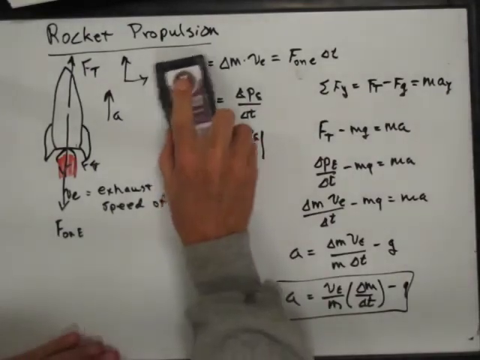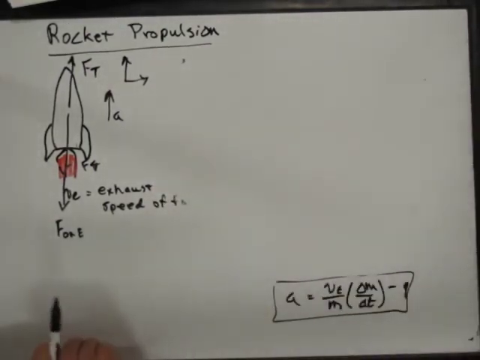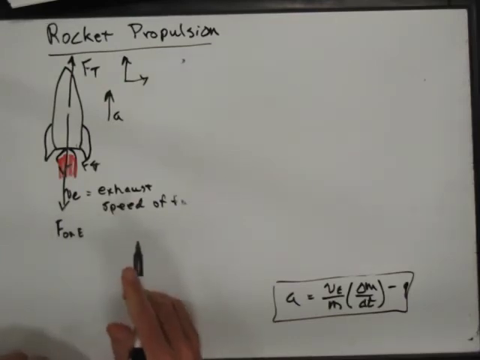And so let's do one. I'll just leave that equation there for a second. This is Saturn V, the rocket that launched people to the moon.